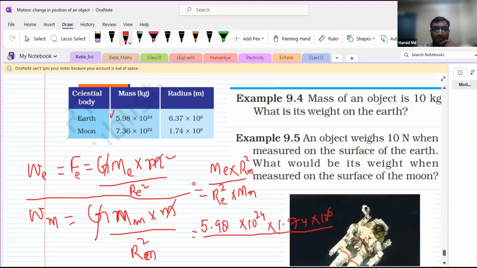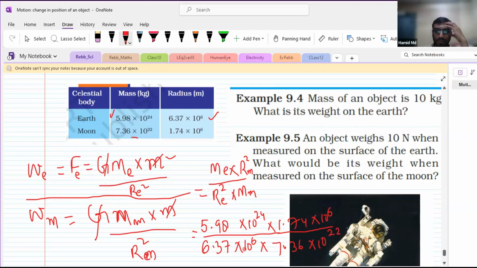What is R of E? R of E is 6.37 into 10 to the power of 6. And what is M of M? 7.36 into 10 to the power 22.